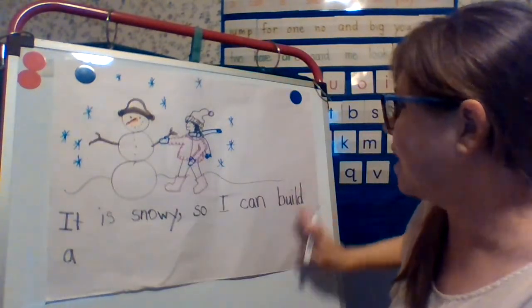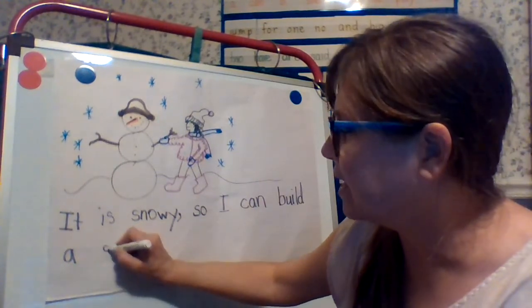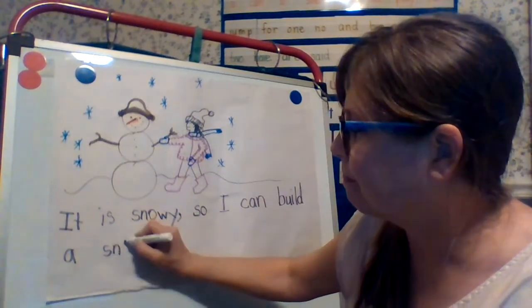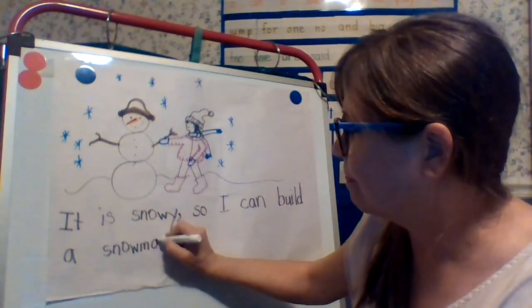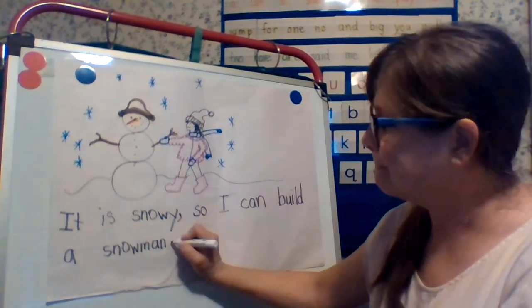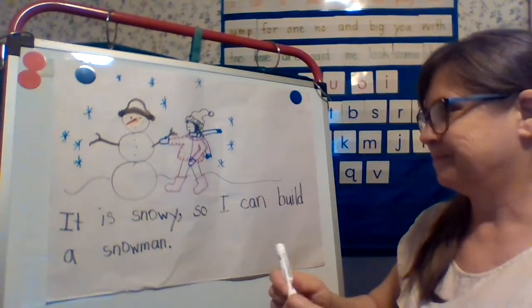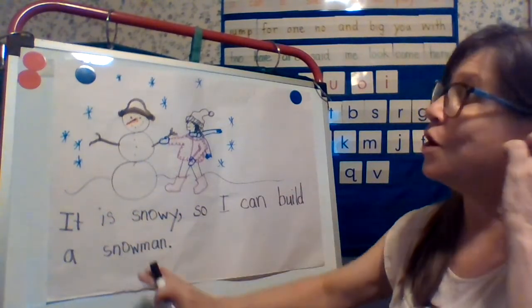It is snowy, so I can build a snowman. At the end of my sentence, what do I need? A period. It is snowy, so I can build a snowman.